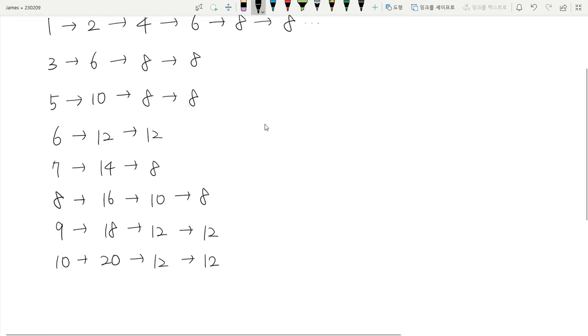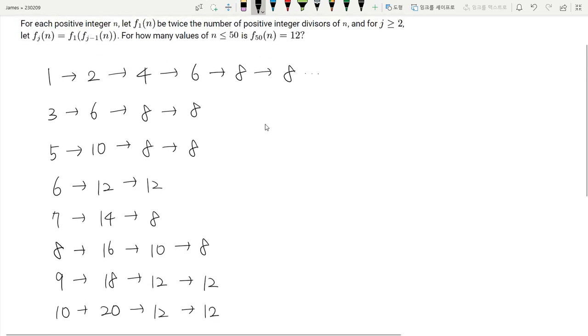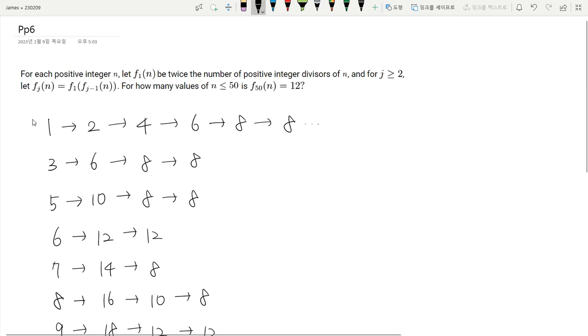Yep, so let's start with the number with only one factor. Actually, such a number is only one, right? So if we start from number one, we make twice the number of the factors. So if it has one factor, it becomes two, and two has two factors.